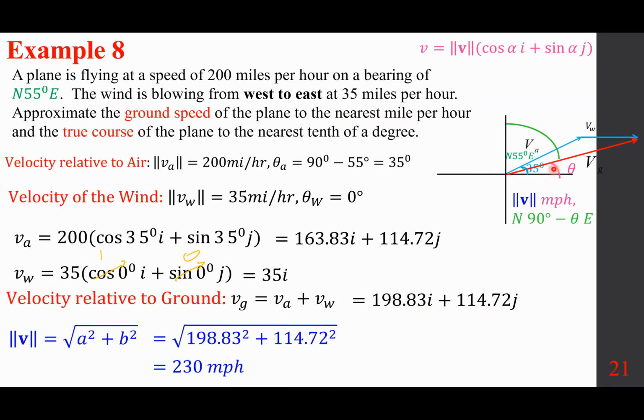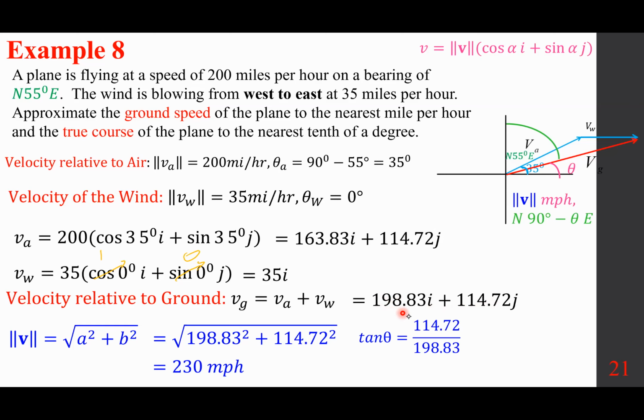You can calculate this one by finding the tangent, because the resultant force is this. So tangent is y over x, or the J component, 114.72 over the I component, 198.83.